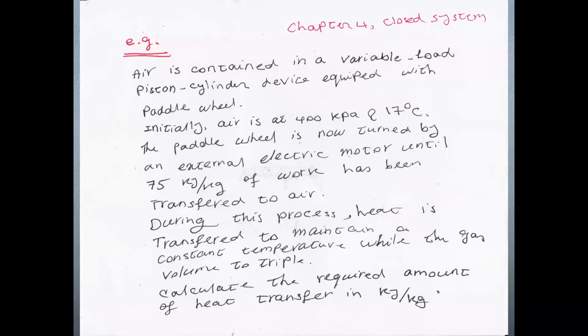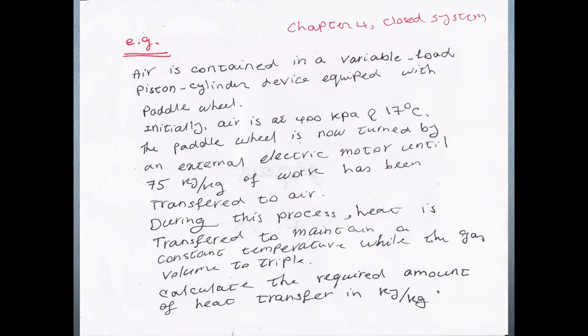So you say, I'm gonna apply first law or energy balance equation to this system. So E in minus E out is delta E of the system. E in means the total energy transfer into the piston cylinder. E out is the total energy transfer out of the system, and that is delta E of the system.